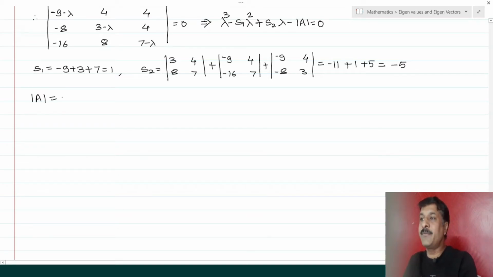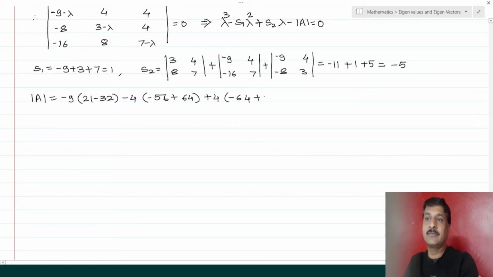The determinant of A equal to minus 9 into 21 minus 32, minus 4 into 56 plus 64, and plus 4 into minus 64 plus 48.